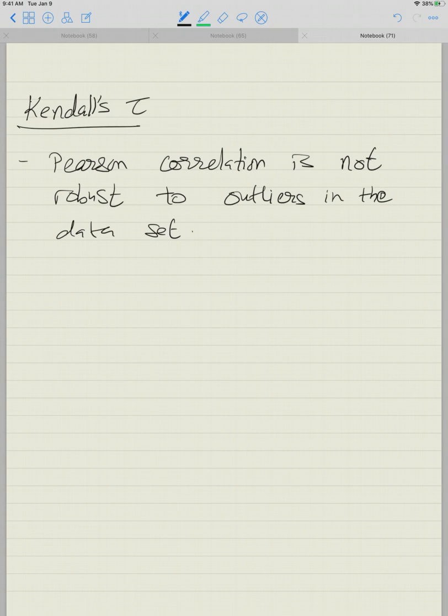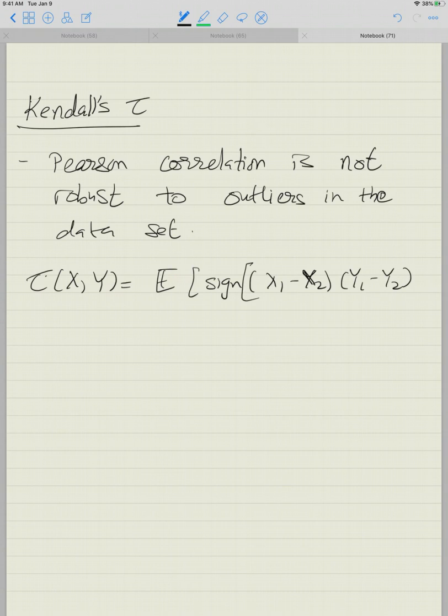So an alternative correlation measure is the Kendall's tau correlation, which is defined as the expected value of sign of x1 minus x2 times y1 minus y2. So you take the product of x1 minus x2 and y1 minus y2 and take the sign of it and take the expectation.